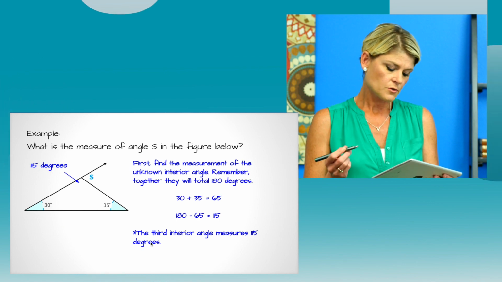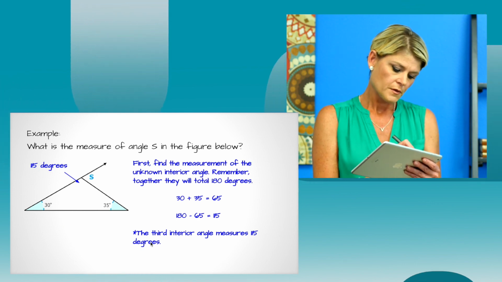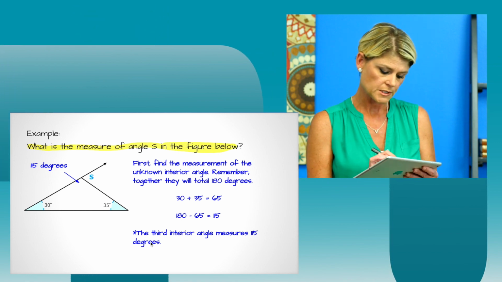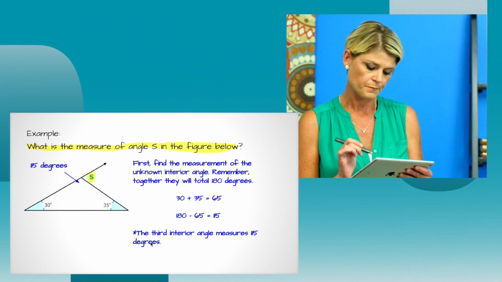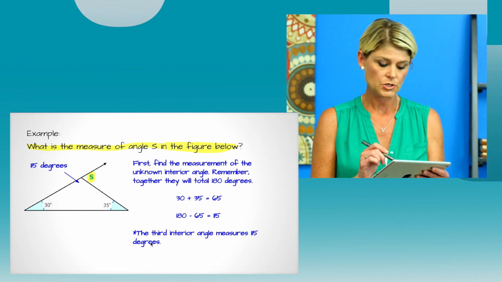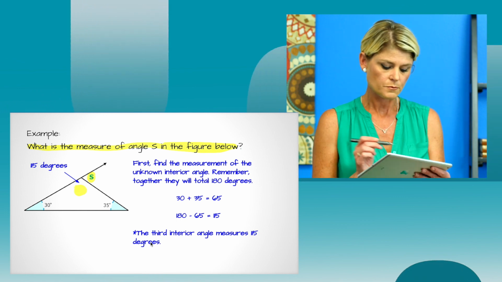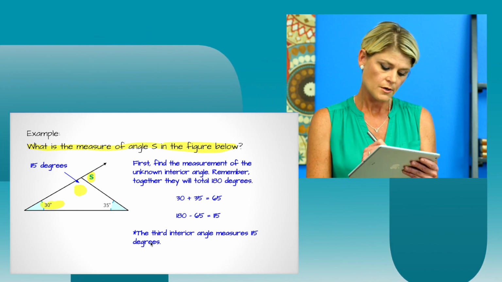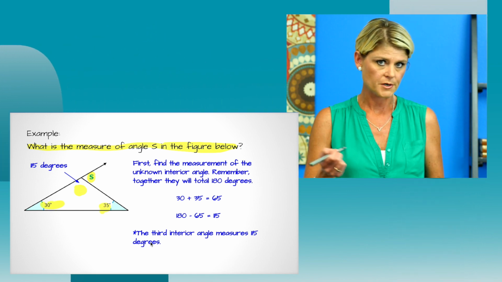All right, so let's try a problem here. What is the measure of angle S in the figure below? So it's this exterior angle out here. The first thing we would need to know is what is the angle measurement of that third part of the triangle? We know we've got 30, 35, and something. We don't know what.